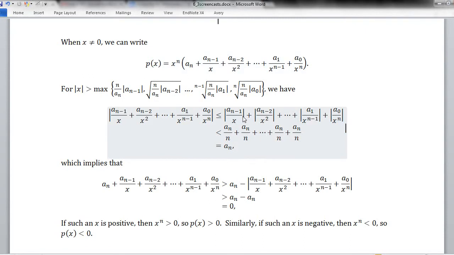And I accomplish that by making sure x is big enough. Okay, so if you just sort of see what it means for this absolute value here to be less than a sub n over n, you would get that absolute value of x is bigger than n over a sub n times absolute value of a sub n minus 1. And similarly, you get an inequality for each of those.